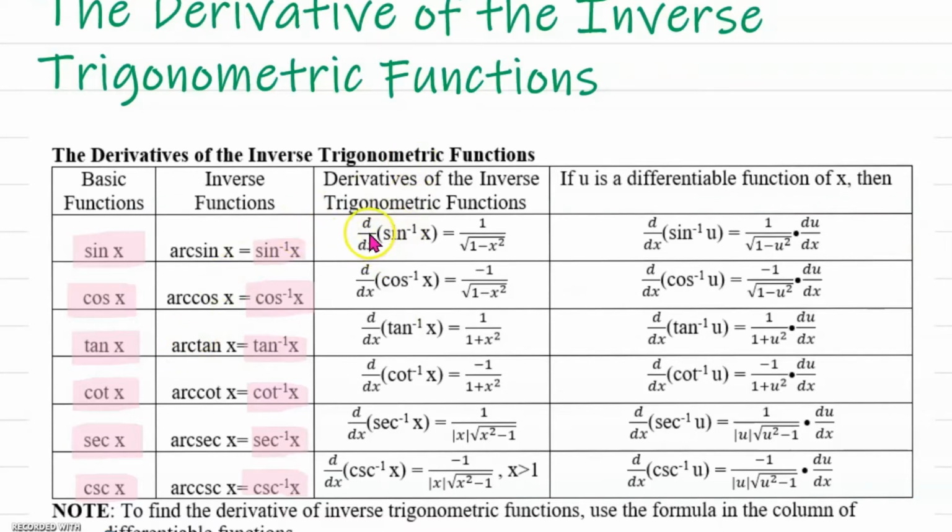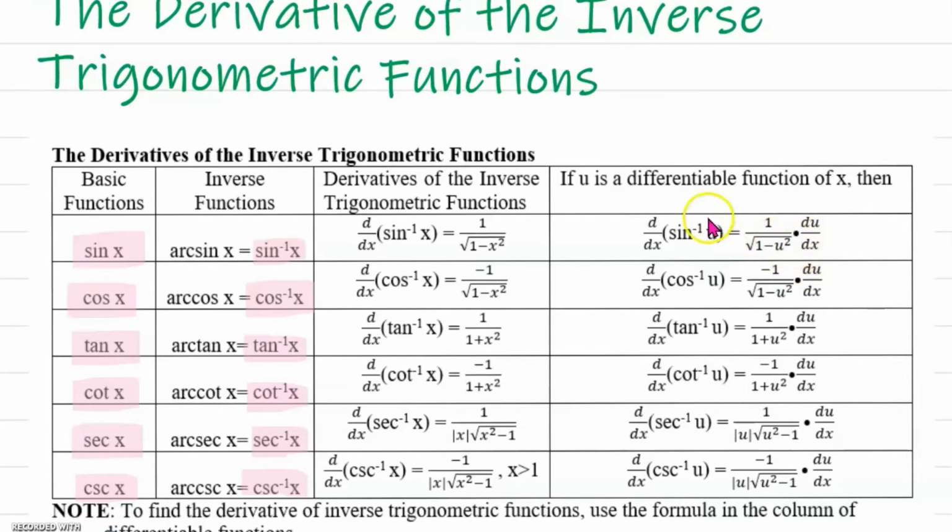We have here the derivative of arc sine x with respect to x is equal to 1 over the square root of 1 minus x squared. And if u is a differentiable function of x, then the derivative of arc sine u is equal to 1 over the square root of 1 minus u squared times the derivative of u with respect to x.